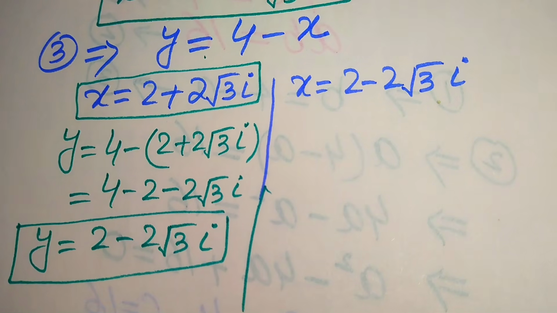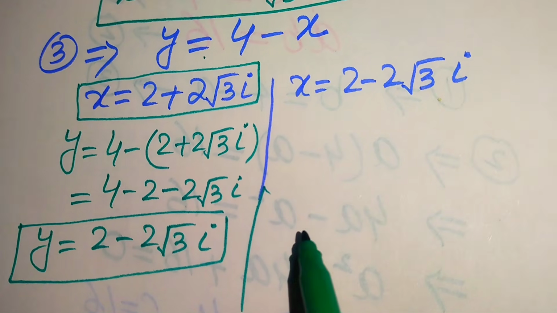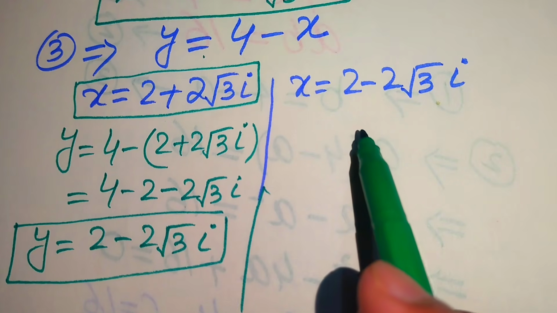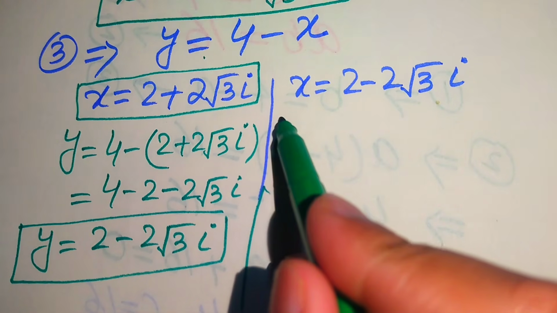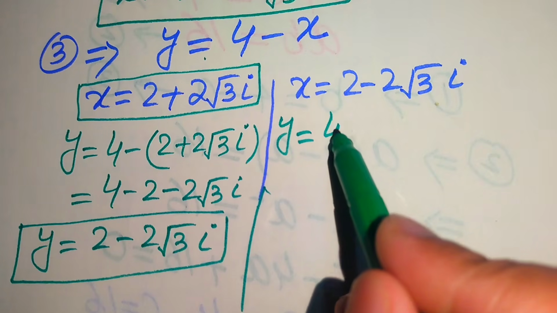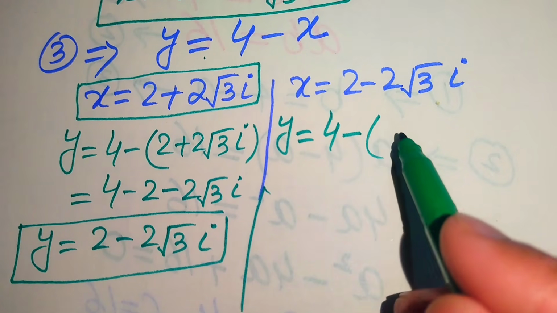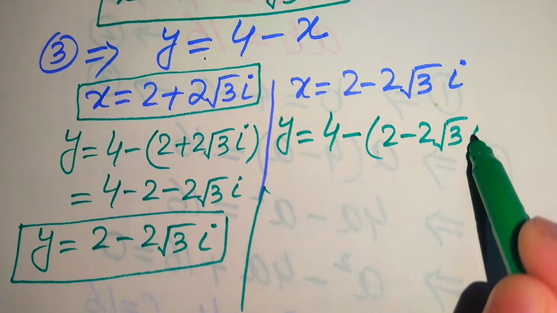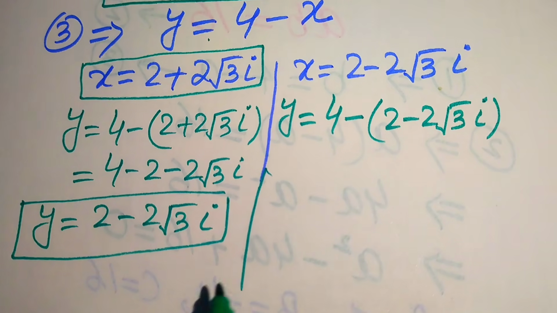Okay. In the same pattern we need to find the other pair of solution. For this we choose this value of x and substitute it in this equation, and we get y equals 4 minus x. The value of x is 2 minus 2 times the square root of 3 into iota.